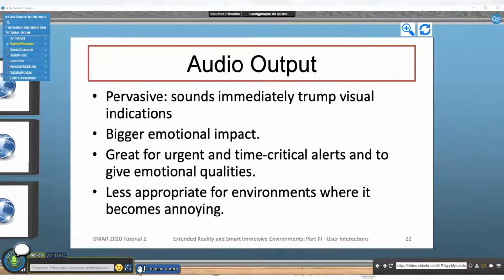But we don't want to overdo it, and there may be environments where constant beeping or constant audio indications become annoying. Not only does it become annoying, it makes it likely that the user will ignore it or won't notice it just because it is going on so often.